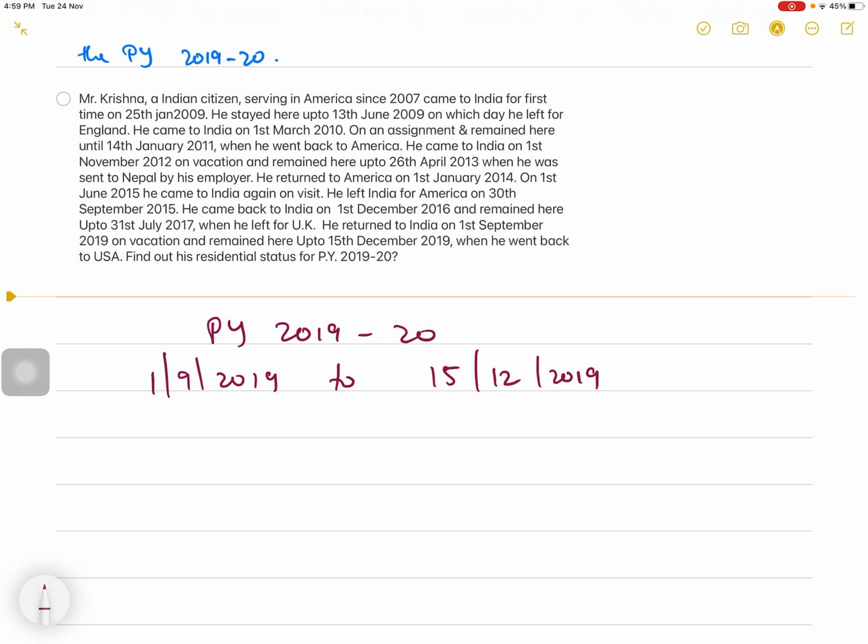Because Mr. Krishna is an Indian citizen who does not live in India, he has come to India only for a visit. So in that case, for him, the second basic condition is irrelevant.